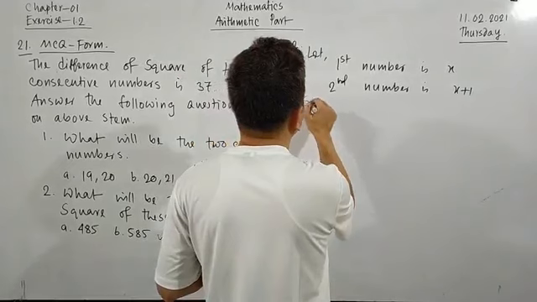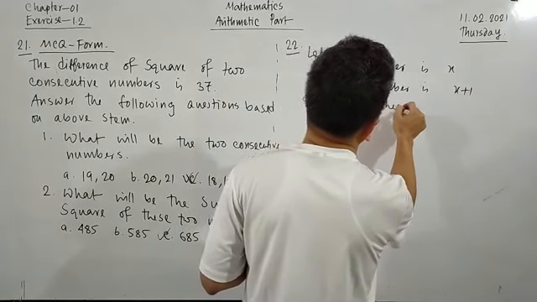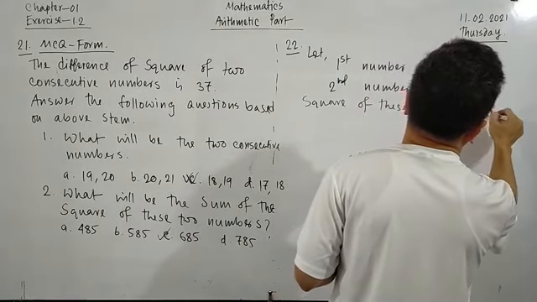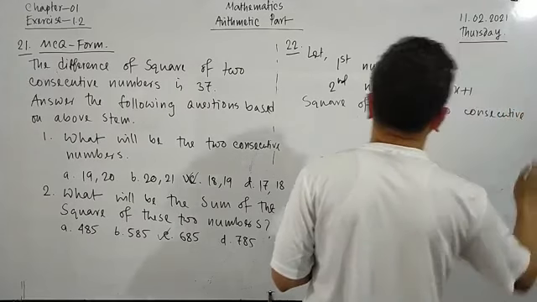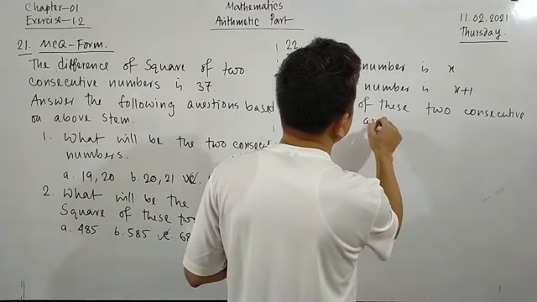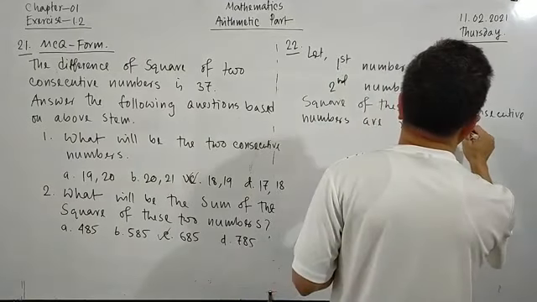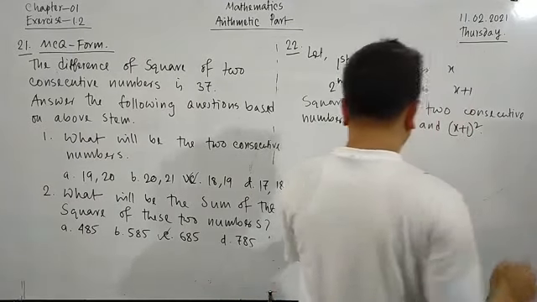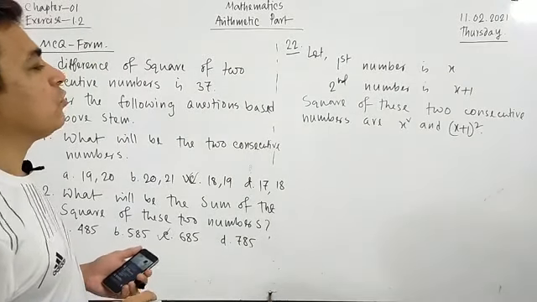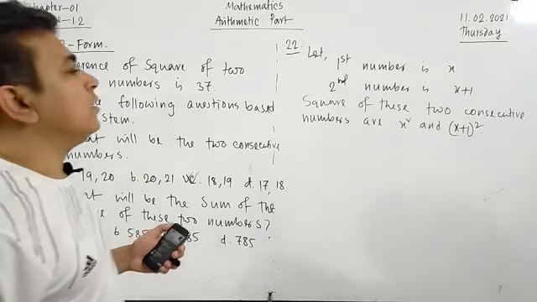The squares of these two consecutive numbers are x square and x plus 1 whole square. Okay, the first number is x and the second number is x plus 1, so the squares of these two consecutive numbers are x square and x plus 1 whole square.